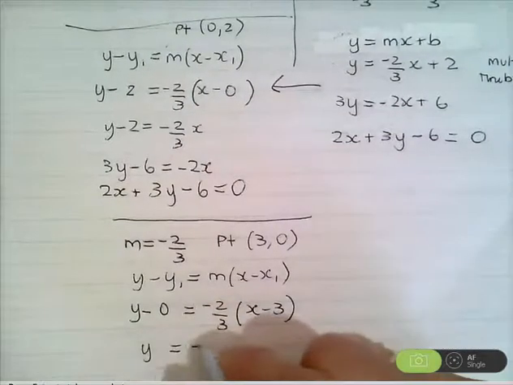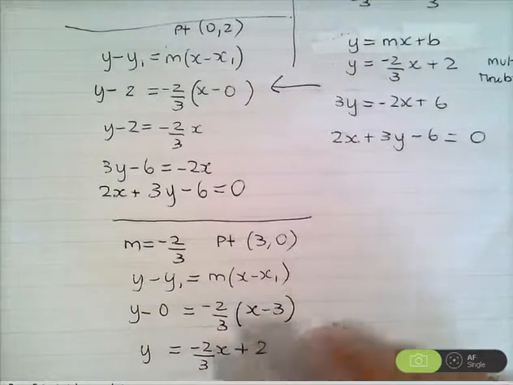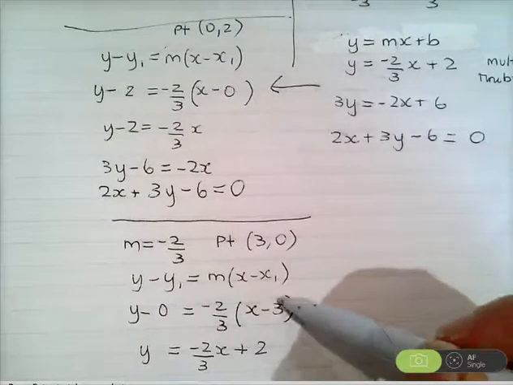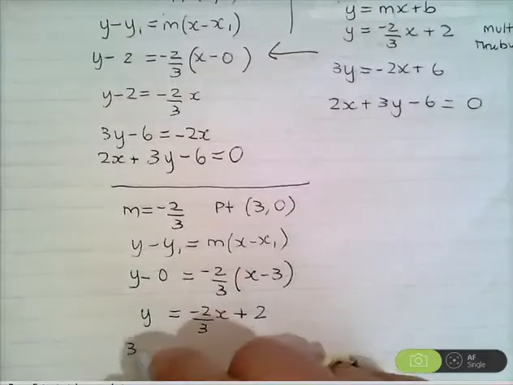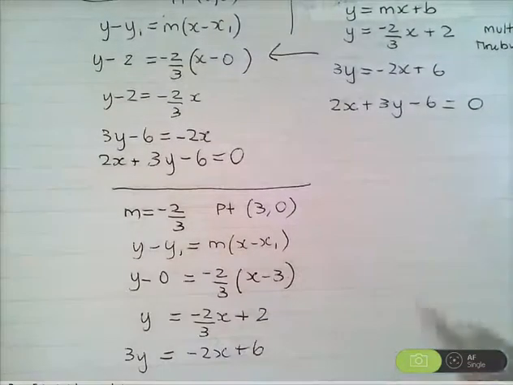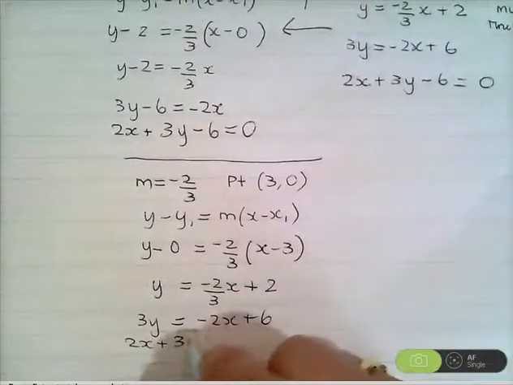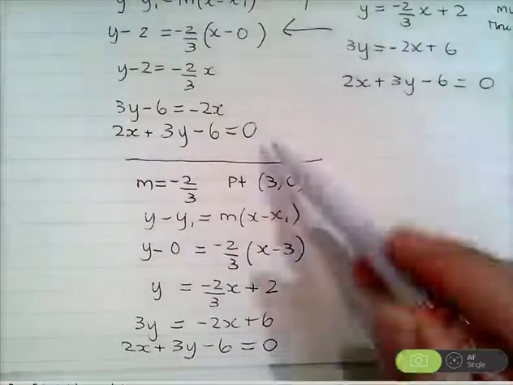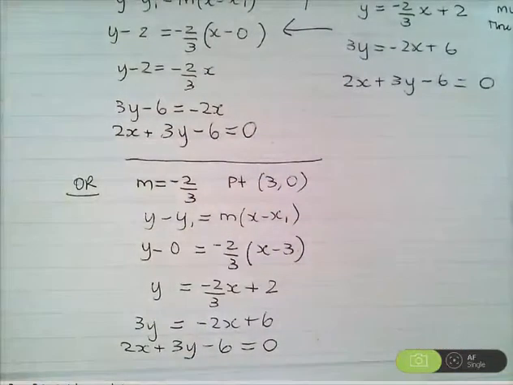So we get y equals negative 2/3 x plus, just got to be careful here, plus 2. Because it's negative 2/3 times negative 3, the 3's cancel, and a negative times a negative is a positive. Now multiplying through by 3, we get 3y equals negative 2x plus 6. And then taking everything over to the left-hand side, we get 2x plus 3y minus 6 equals 0. Notice that is identical to all the other answers that we've got, okay? So there are many different ways you could do this, but we get the same answer with all of them.